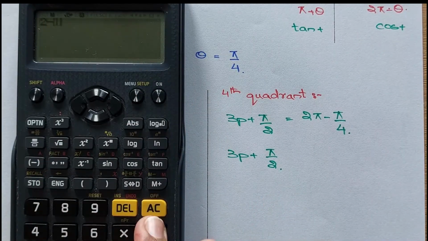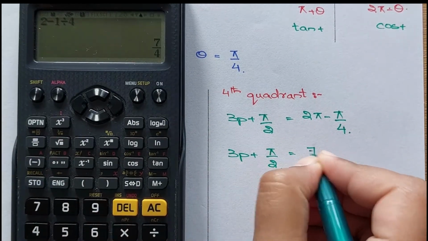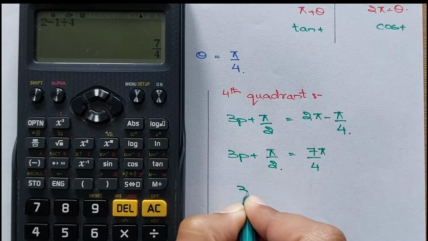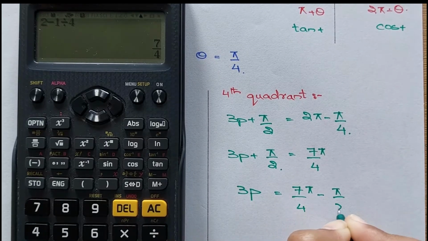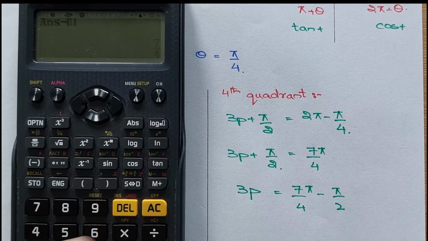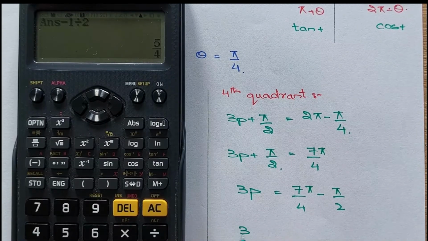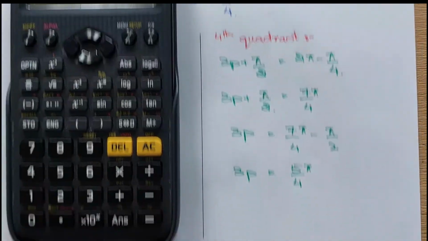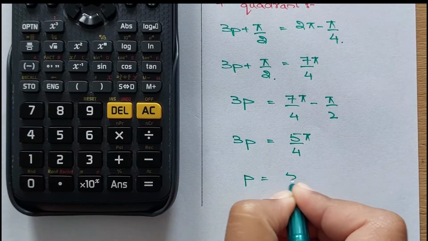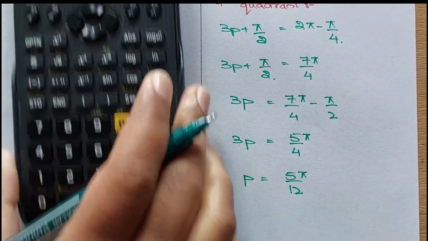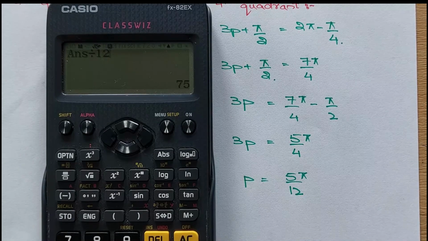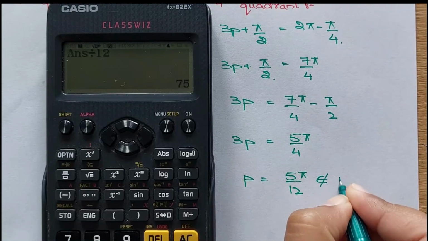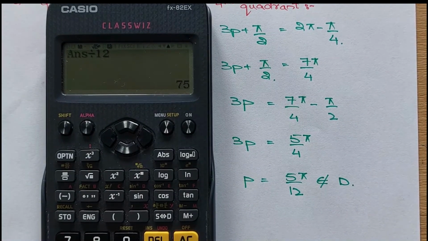That is 2 minus 1 by 4, which is 7 pi by 4. And 3p is 7 pi by 4 minus pi by 2. 7 by 4 minus 1 by 2 is 5 pi by 4. So 3p is 5 pi divided by 4. And 3 times 4 is 12. So the p value is 5 pi by 12. So let's see if 5 pi by 12 is in the domain. 5 times 180 divided by 12 is 75. 75 does not belong to the domain because the domain is between 0 and 30 degrees.